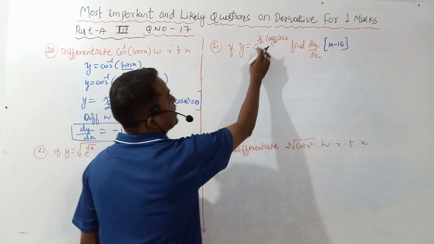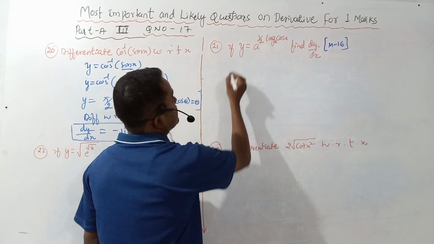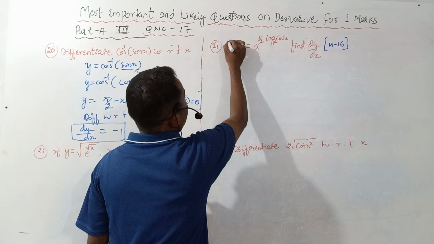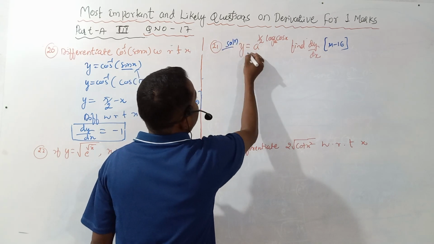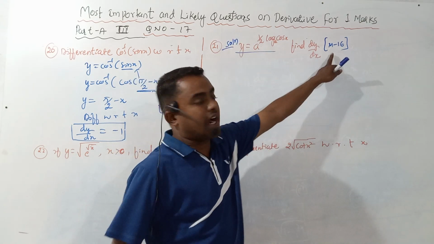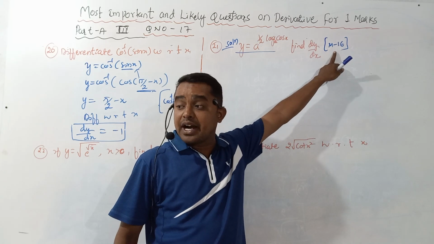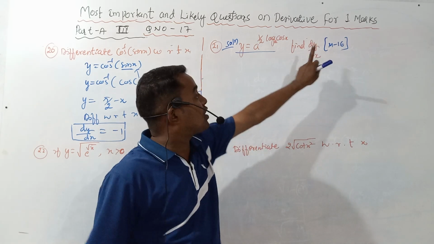Then, y is equal to a raised to 1 by 2 log cos x. Solution of this, first step, I am writing here. This question has been asked in March 2016 for 1 mark.